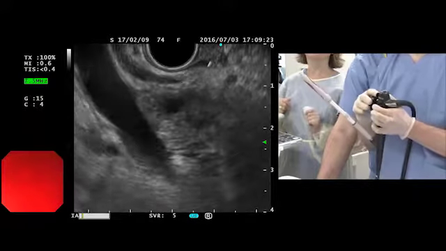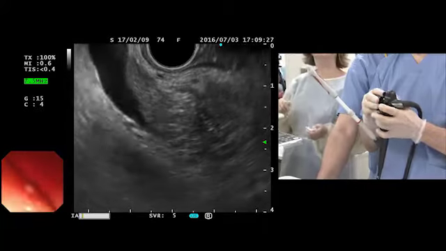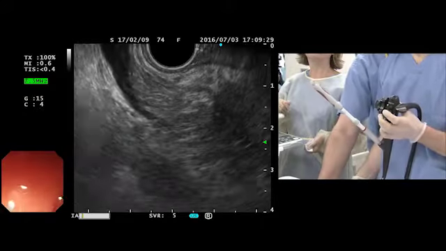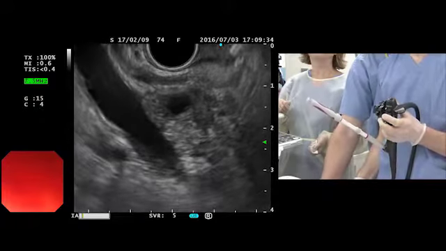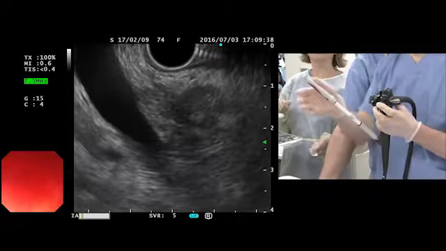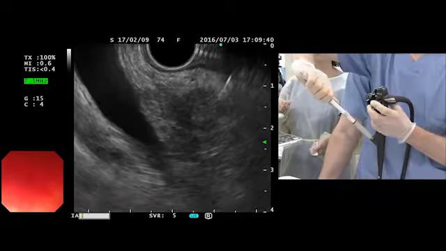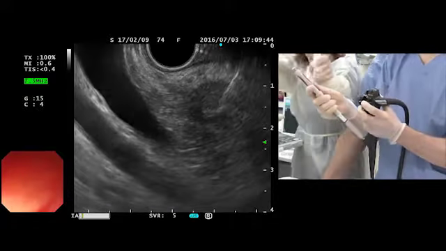I think it's very important that we get here in the middle of this lesion. I don't like this. Okay, now I'm advancing the needle, and now I'm here in this area.